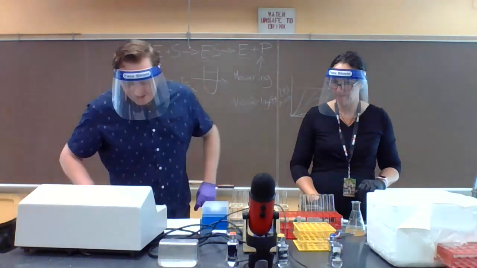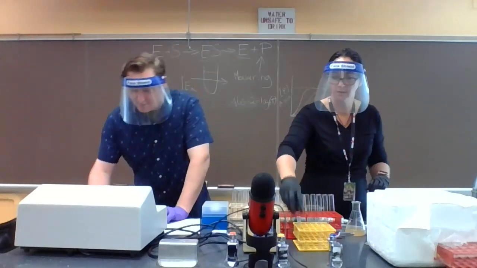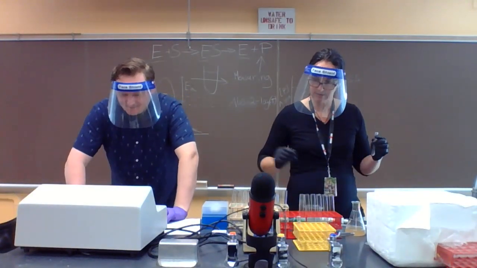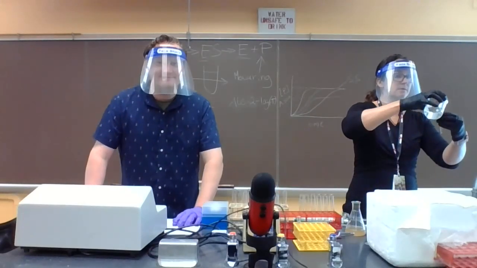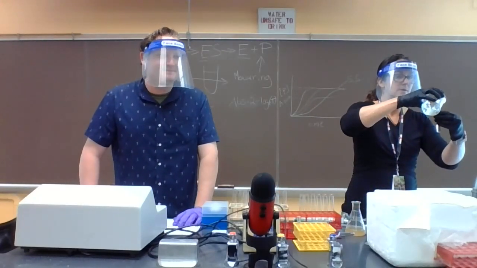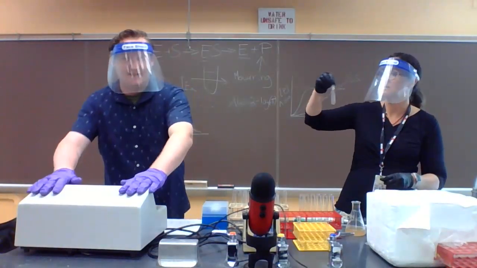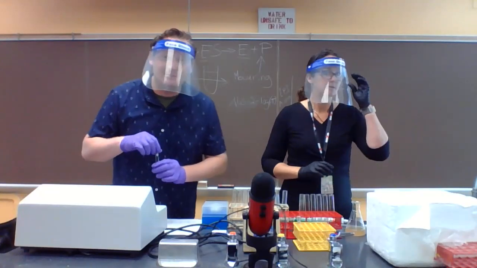Oh, and could I please have a cuvette of distilled water with which to blank the machine. If you're interested in the specifics of what's going on behind the scenes here, please feel free to take a look online about Spec 20 operation.